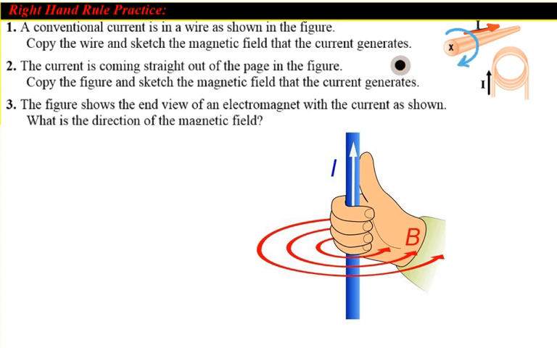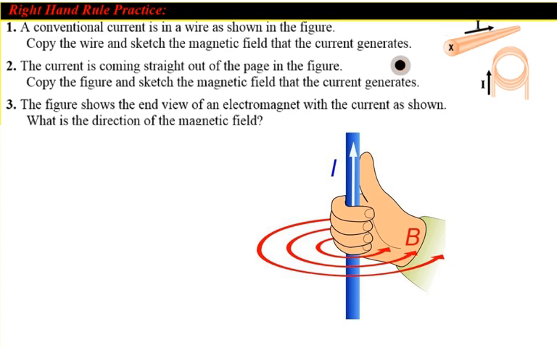That means if I had the wire in this direction, and the current was in that direction, then the magnetic field lines will be coming out of the page on the top and into the page on the bottom.